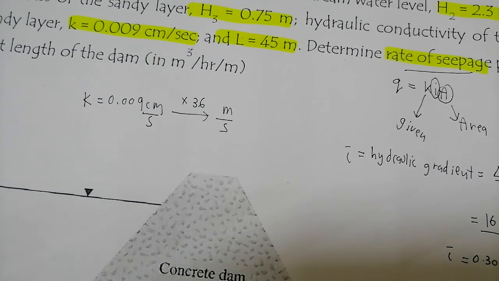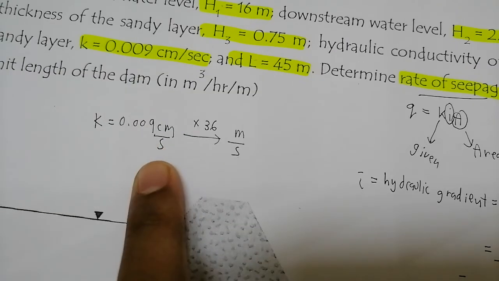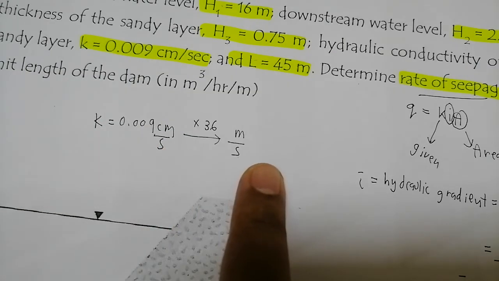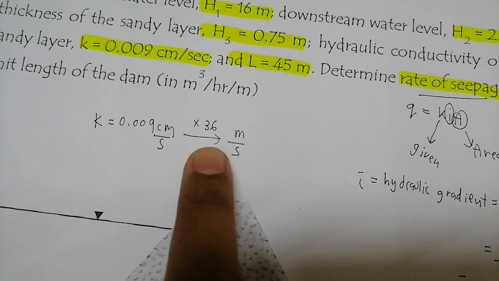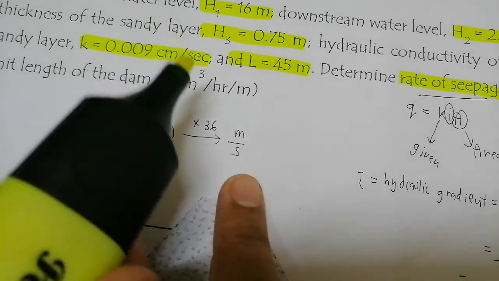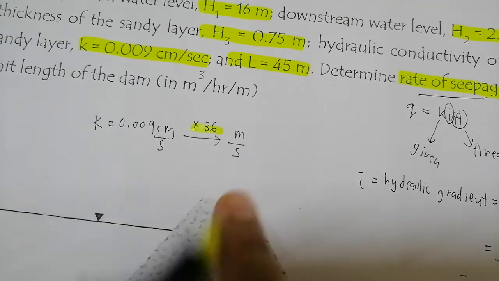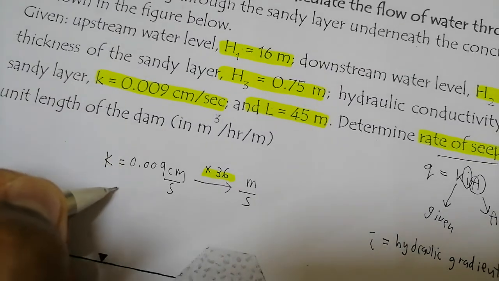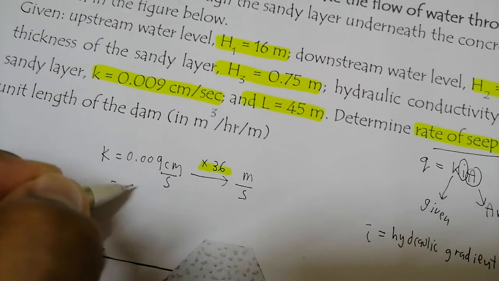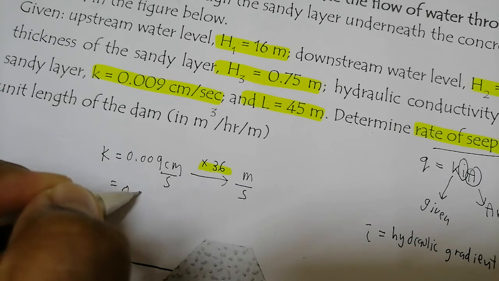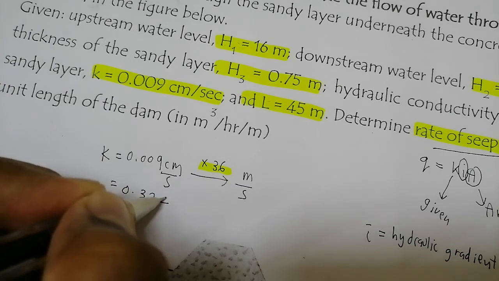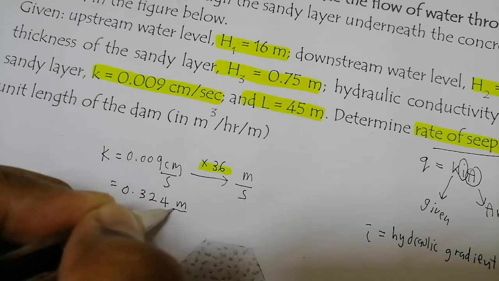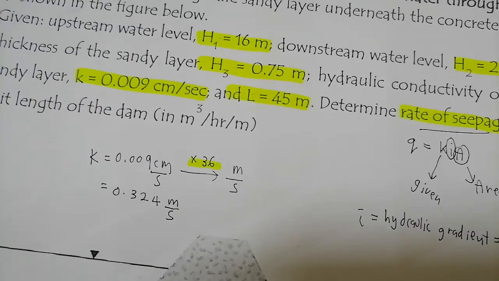To convert centimeter per second to meter per second, this is basic mathematics. So therefore K equals 0.324 meter per second.